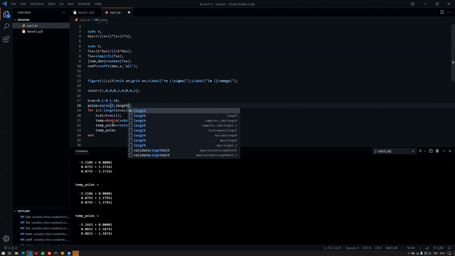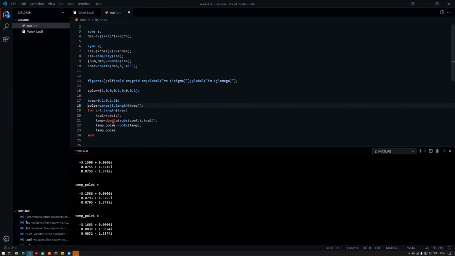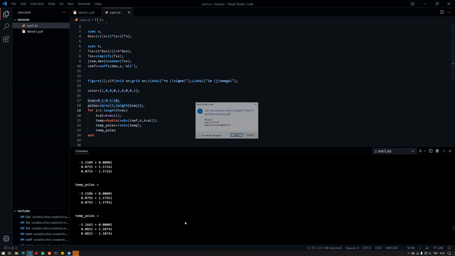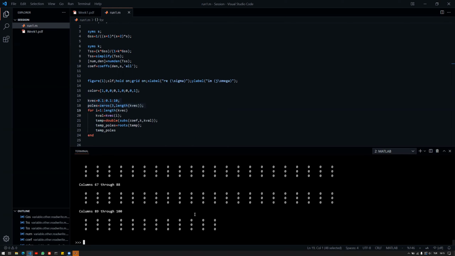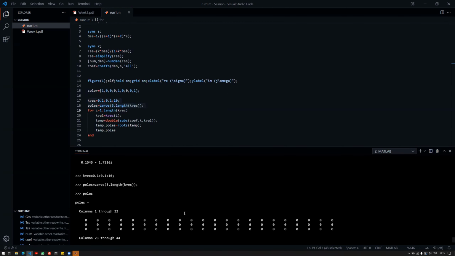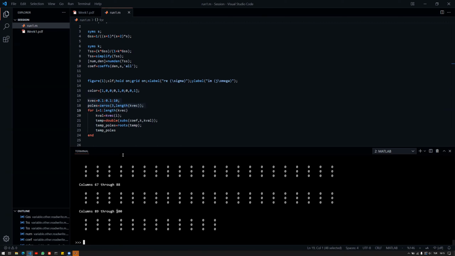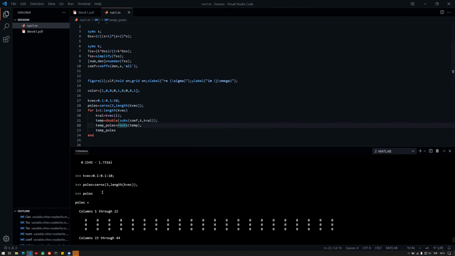So length of kvec. Now, this on its own generates me the empty structure that I want to generate. It has 100 points because of the fact that we have this vector here, and it has 3 rows because it's a third order system.